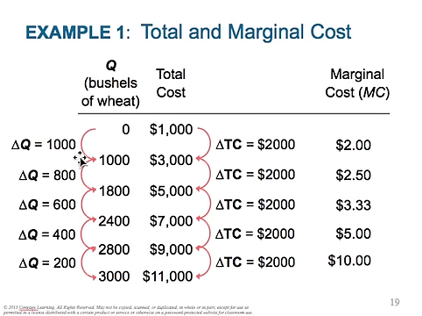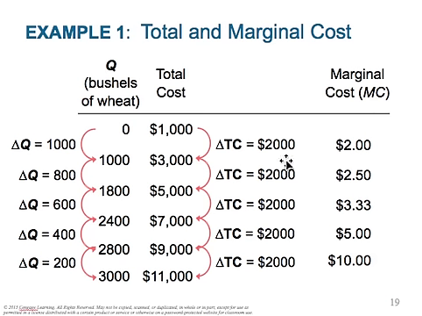We have a change in quantity, 1,000, going up 800, going up 600, from 1,800 to 2,400, from 2,400 to 2,800, change in quantity of 400, and 2,800 to 3,000 is change in quantity of 200. We have a change in total cost from 1,000 to 3,000 is 2,000. So on and so forth. From 5 to 7 is 2,000. From 9 to 11 is 2,000.